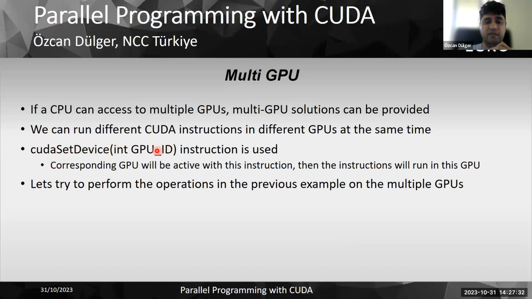There is a parameter here, which is the ID of the corresponding GPU. When we run this, the corresponding GPU will be active, and the instructions following this instruction will run on the corresponding GPU.